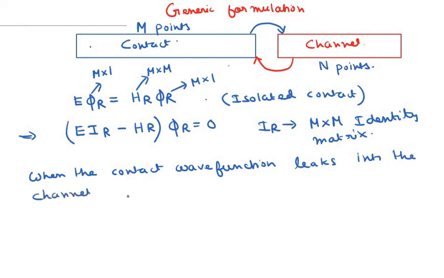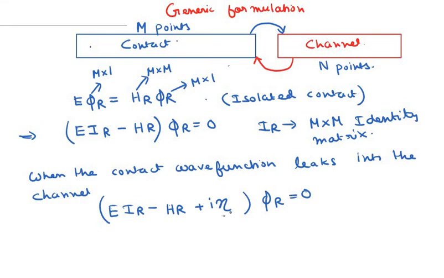This equation gets replaced by (E I minus H_R plus i eta) phi_R equals to 0.